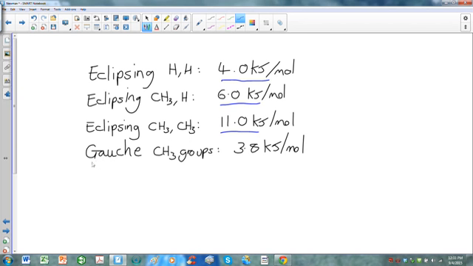Now gauche CH3 groups, this is the one energy value for CH3 groups that are staggered. You can see the rest of the interactions are all eclipsed. Gauche is for when we have two CH3 groups that are staggered but right next to each other.